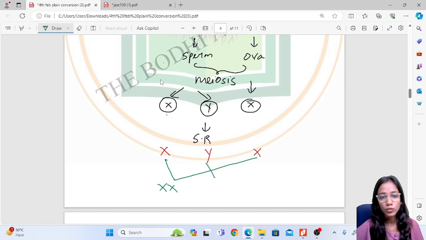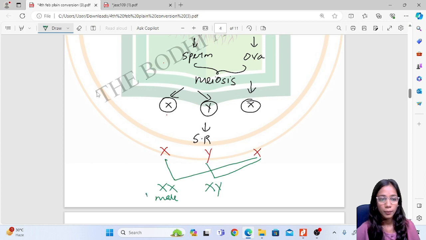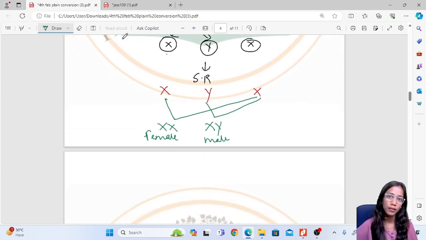If the Y chromosome carrying sperm fuses with the egg, the sex of the child will be X and Y, a male. So from here it is evident who determines the sex of the child.